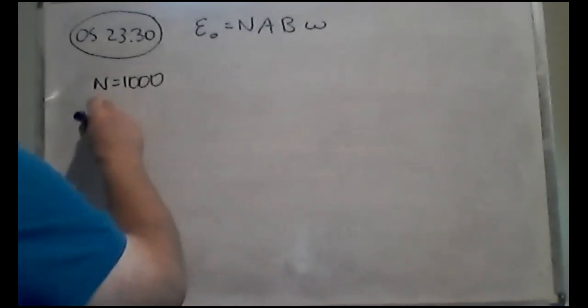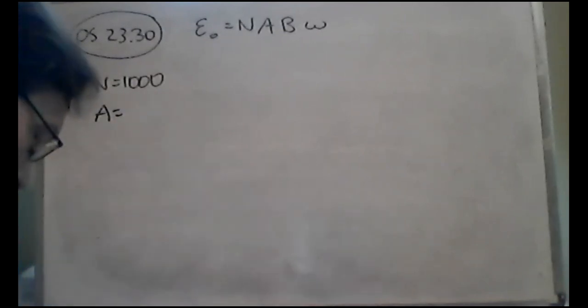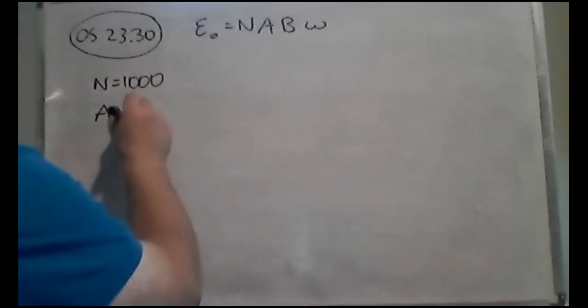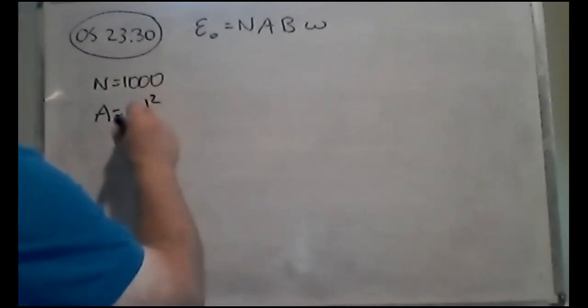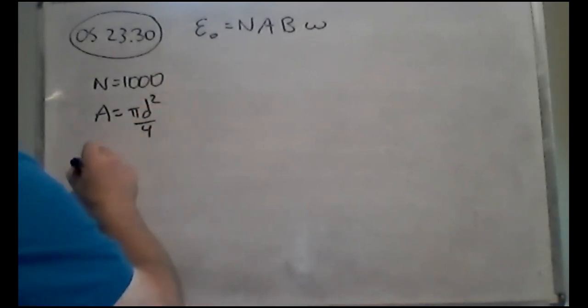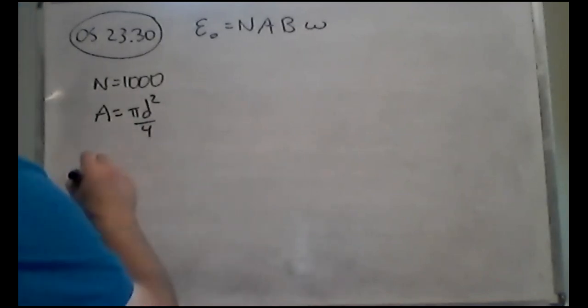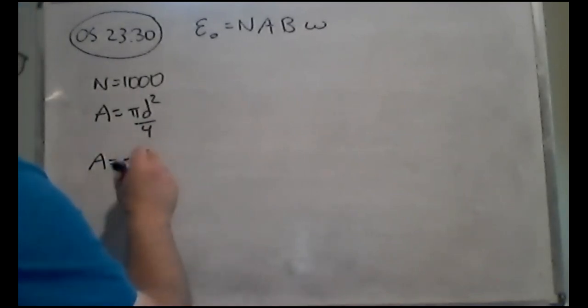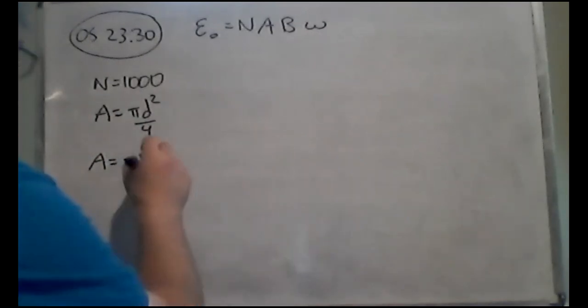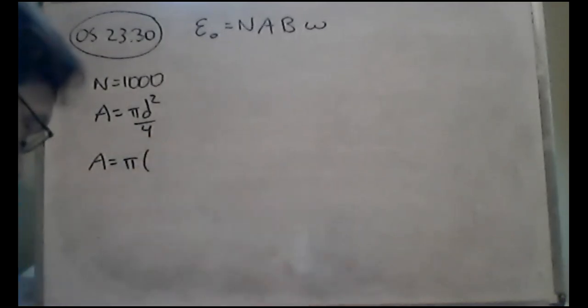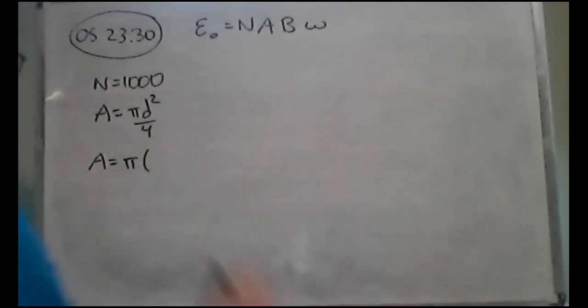The area, again, I'm given a diameter. So the area is going to be pi times the diameter squared divided by 4. We're told the diameter is 20 centimeters.